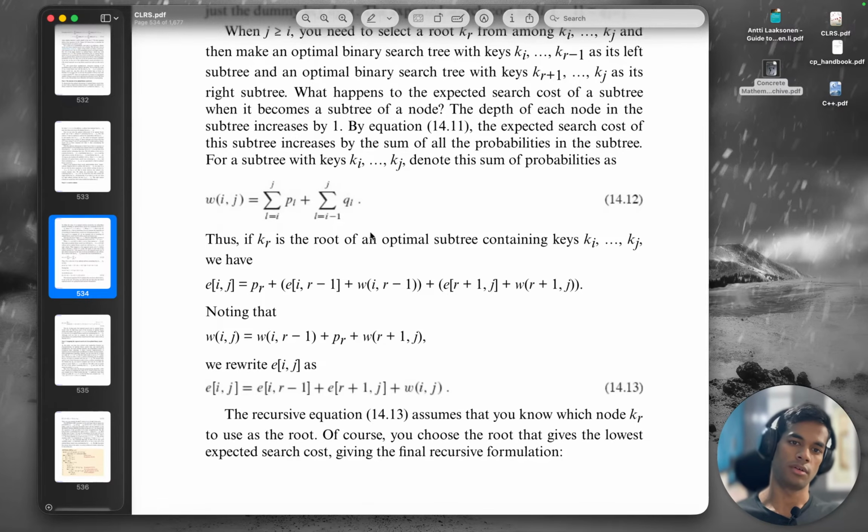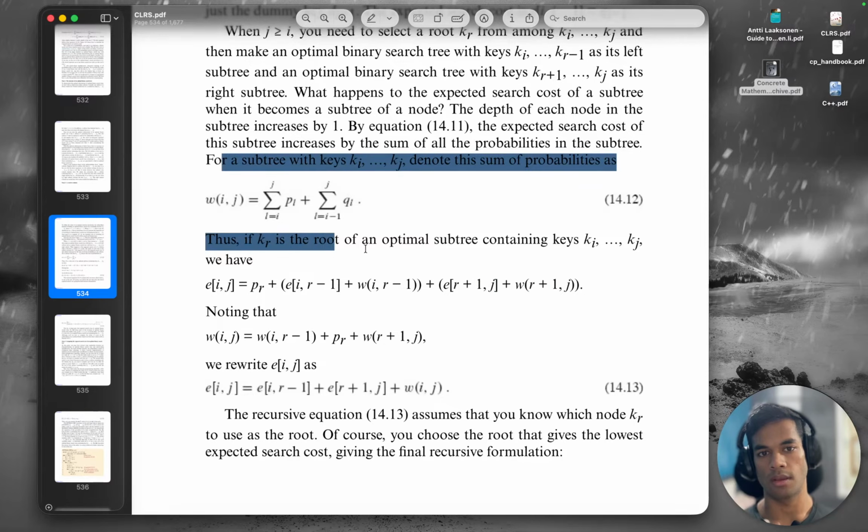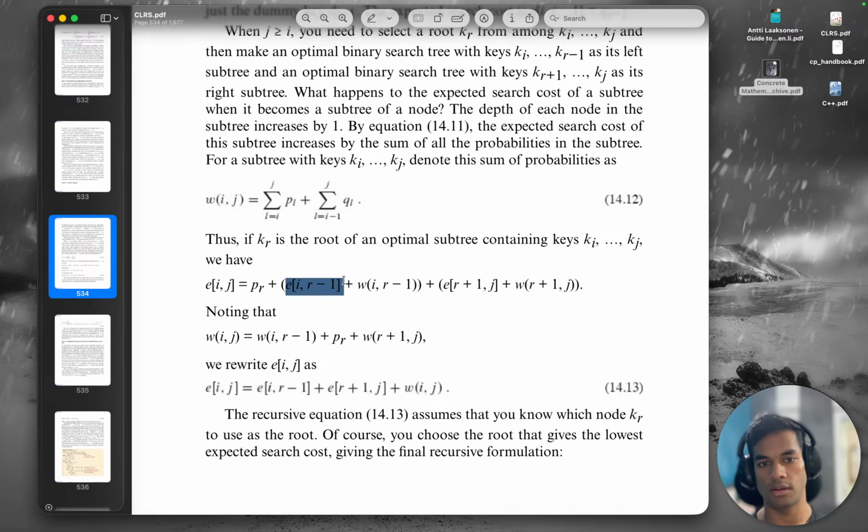Thus, if k_r is the root of an optimal subtree containing keys k_i till k_j, we have the expected value E[i,j] equal to p_r, the probability for this root which has a depth of 1, plus the expected value for the left side plus w(i,r-1), the increase in cost, plus the expected value for the right side plus the increase in cost, which is the sum of the probabilities for nodes r plus 1 till j.